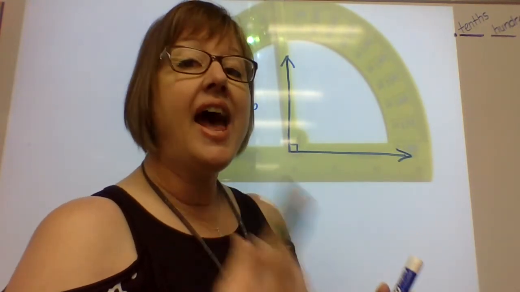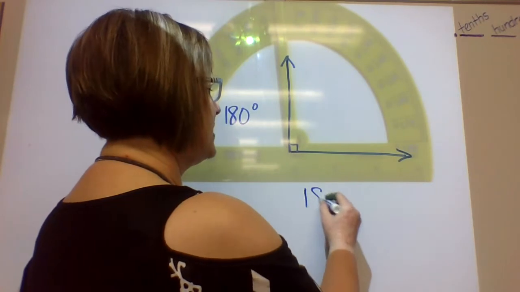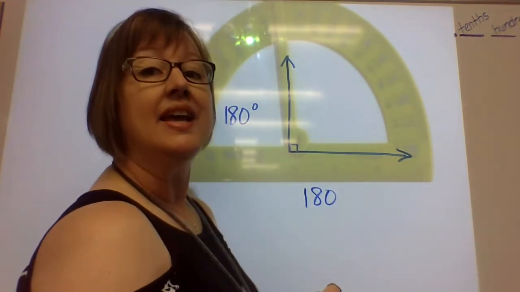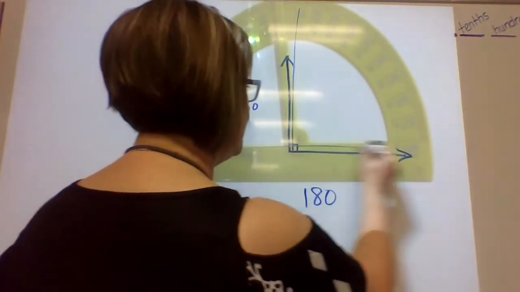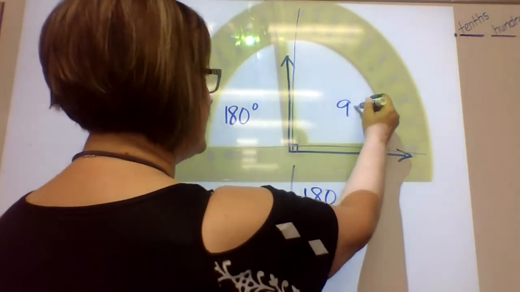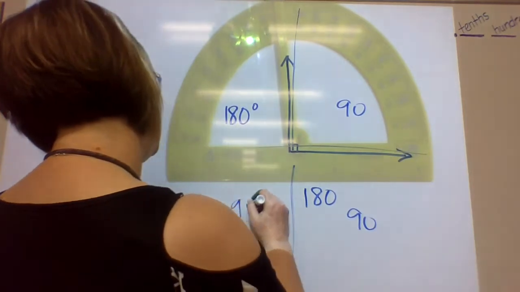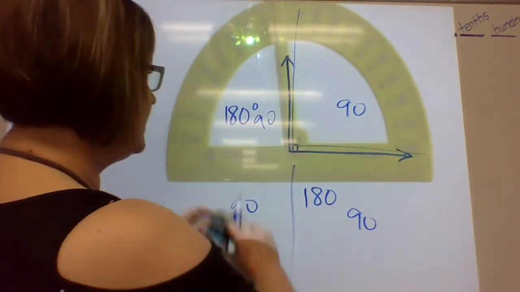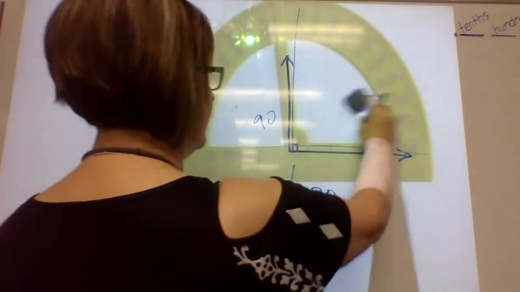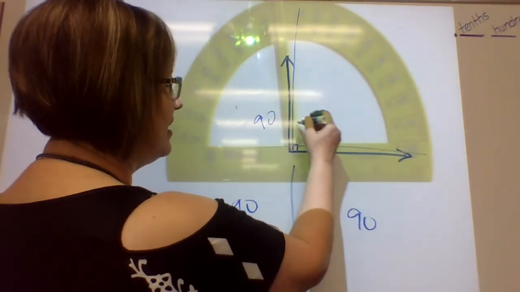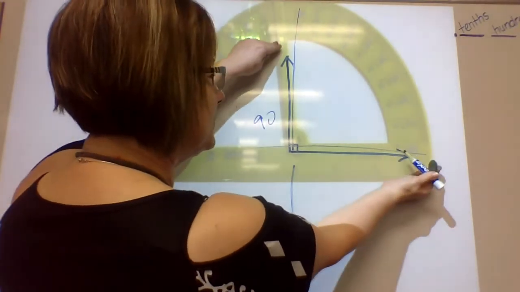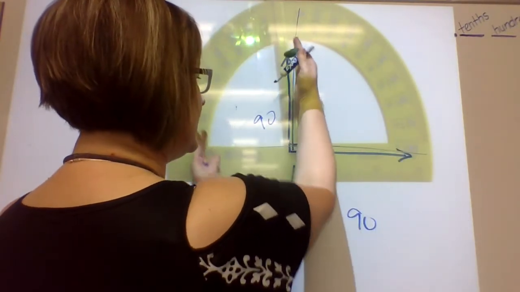Then half of 180, what would half of 180 be? 90. Okay, so just like a clock, we can make this into fourths, right? So it would be 90, 90, 90, 90. 4 90s makes 360, right? So if you were to make your angles this way, a fourth of the circle is 90, a fourth of the circle is 90, 90, 90.